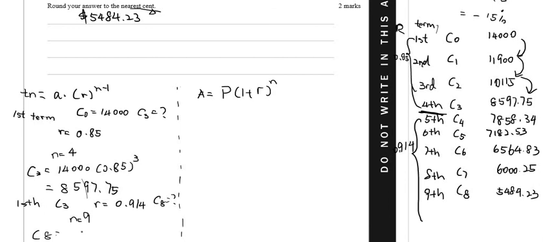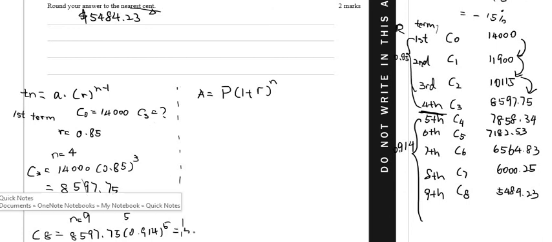So my C8 equals 8597.75 times 0.914 to the power of 5. Because the depreciation rate is applied 5 times, so it's to the power of 5 over here. Now that value over there is equal to 5,484.23.